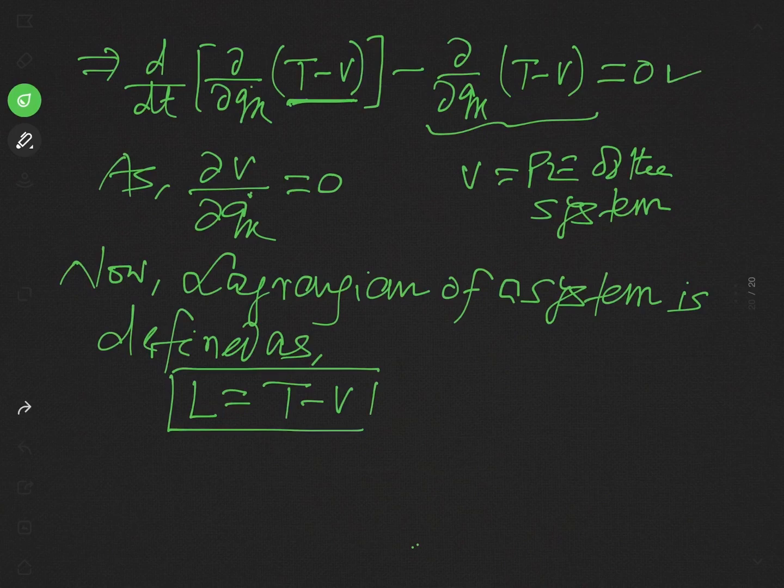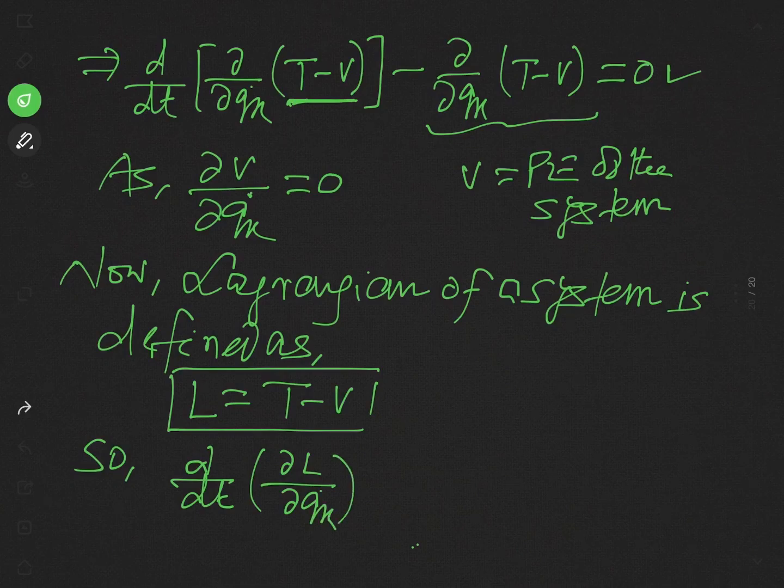So in terms of L, what will the above equation be? The above equation will become d/dt del L by del qk dot minus del L by del qk.